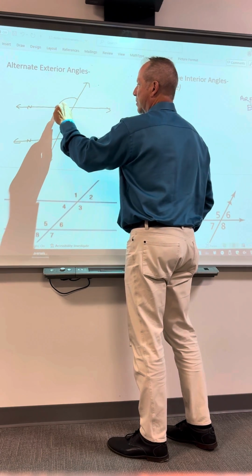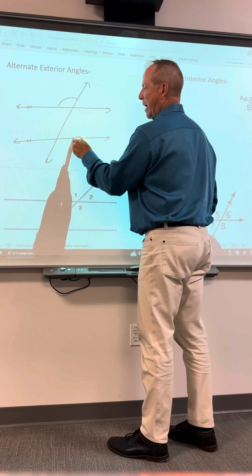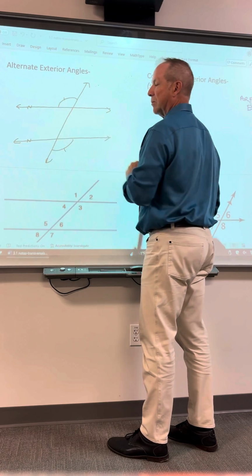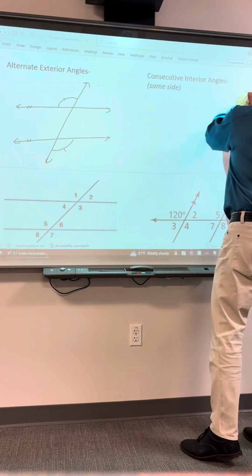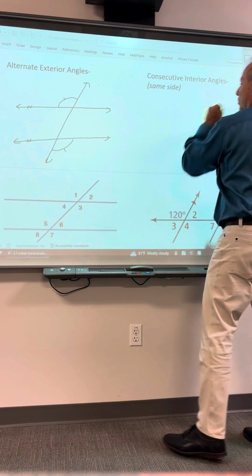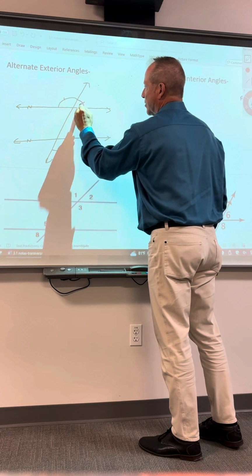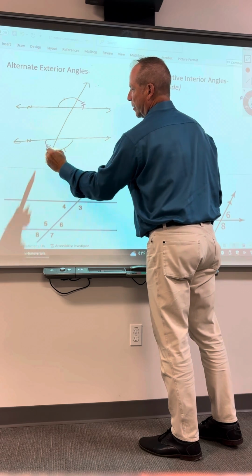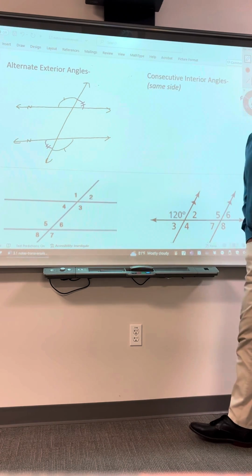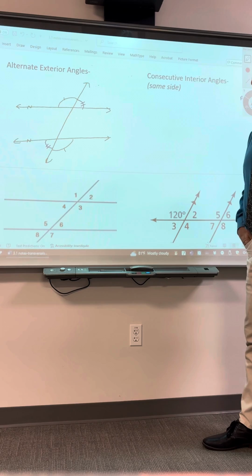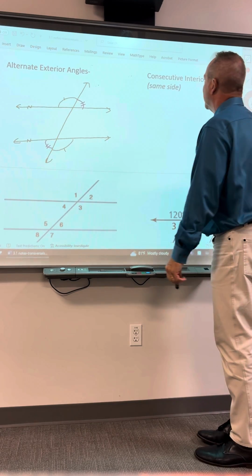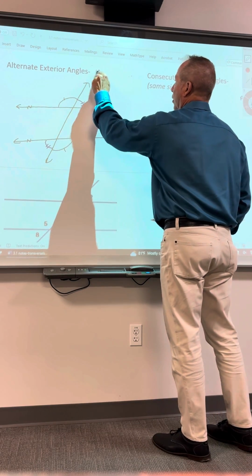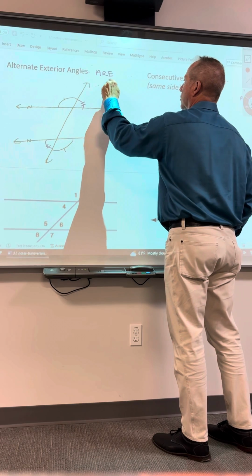So this obtuse angle would match this obtuse angle, which means this acute angle matches this alternate exterior angle. So there's two pairs of alternate exterior angles, and they are equal.